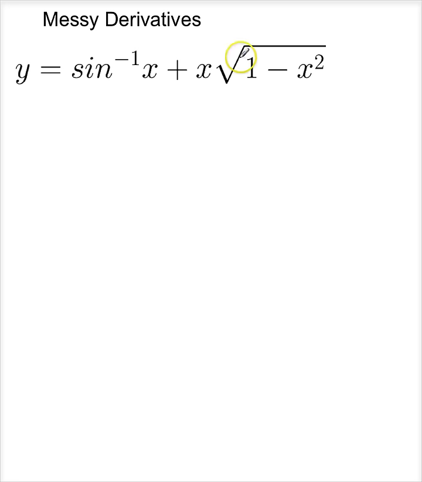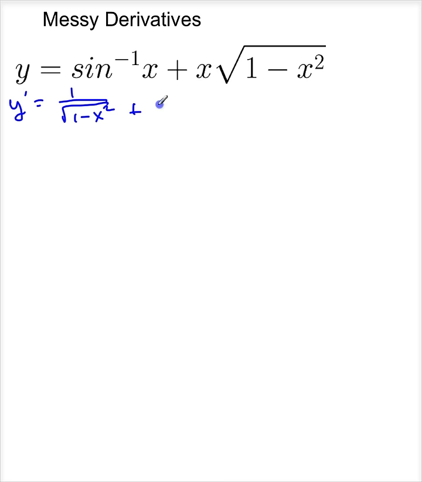Now sometimes you have messy derivatives, and when you have those, you do need to go on and clean it up. So if I were to do this one, y prime, let's see, the derivative of inverse sine is 1 divided by the square root of 1 minus x squared. And now I'm going to use the product rule.